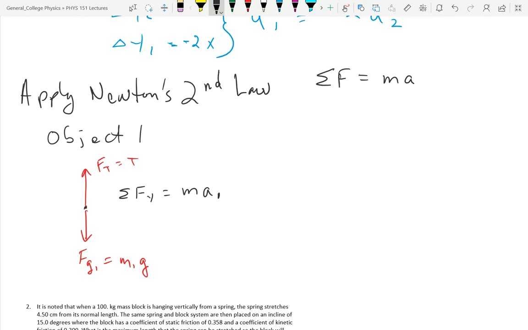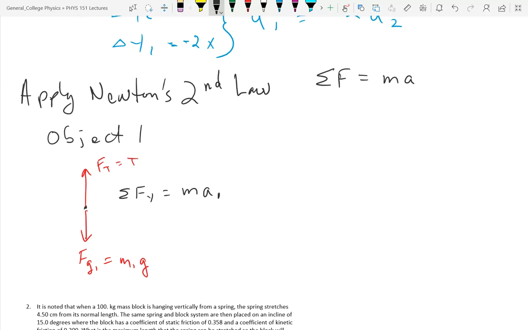What do I get when I replace the left-hand side of Newton's second law? How many forces do I have in my free body diagram? 2. So I'm going to have 2 items. I always do positive first.